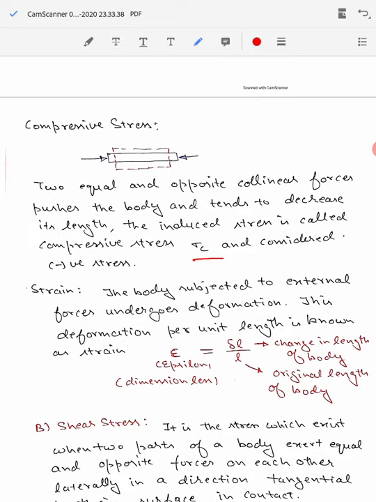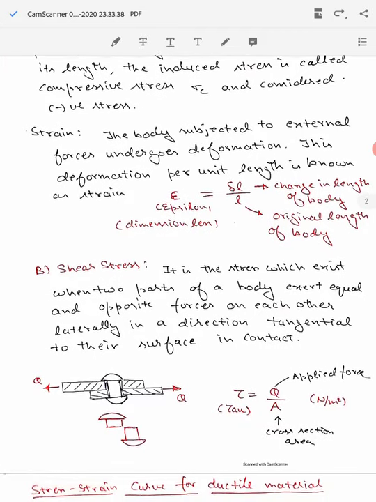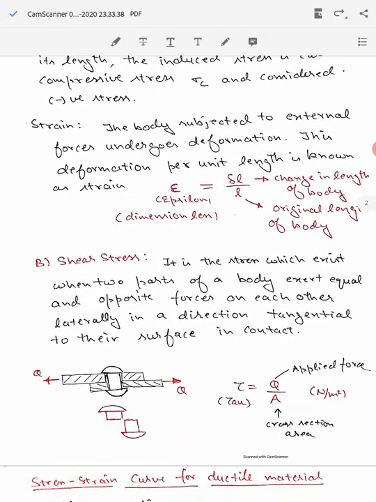Now there is a term which is related to stress, termed as strain. We know that when we apply the external load, stress will be induced in the body, and because of the applied load, the body's external dimensions will change.